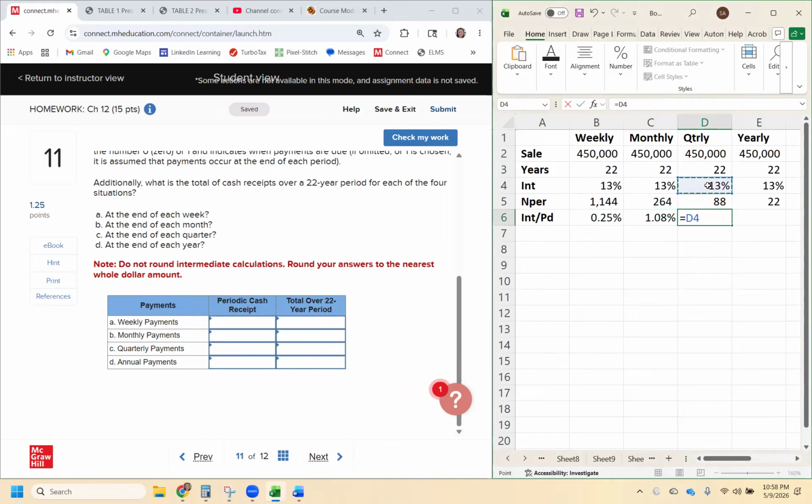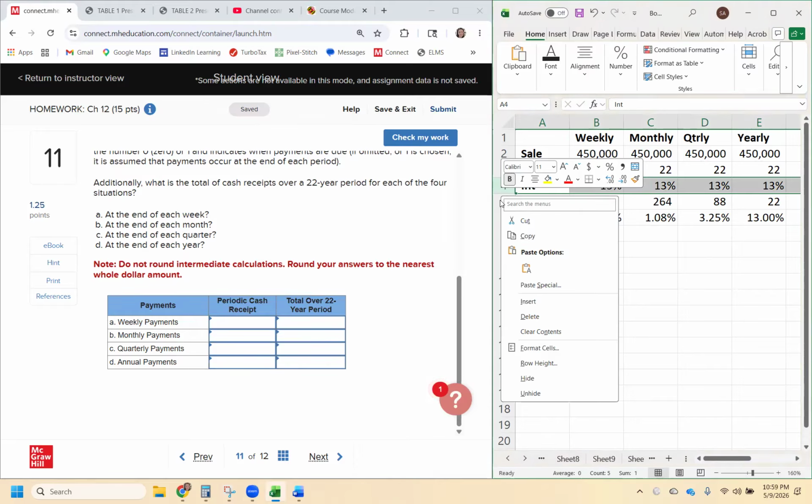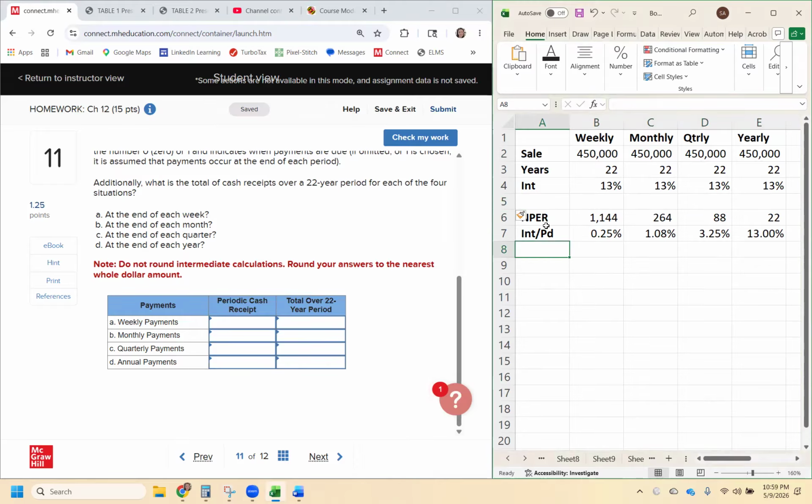This one, 13% divided by 4 quarters, and this one will just be 13%. Okay, so on the table, we need to use these. The NPER is number of periods, and you could just do a lowercase n, and then this would be your I, the interest for each of those periods.